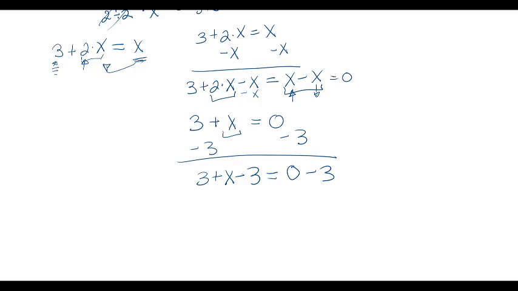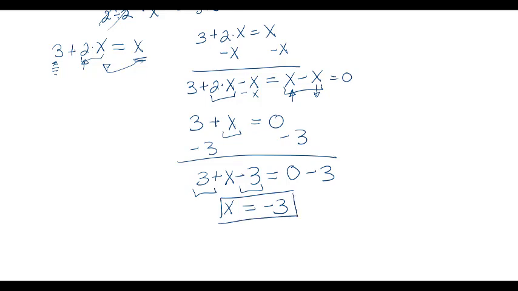So now on the left, we have 3 plus x minus 3, right? And minus 3 cancels 3 here. Even though the x is in between them, they will cancel. So we have x equals, and 0 minus 3 is negative 3. So our result is x equals negative 3.